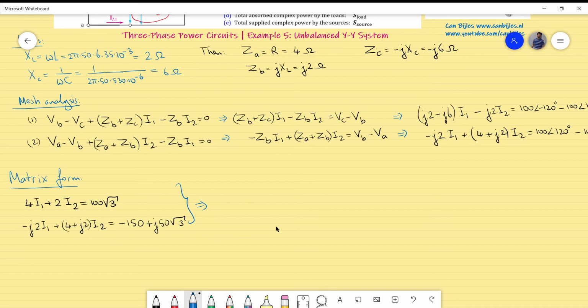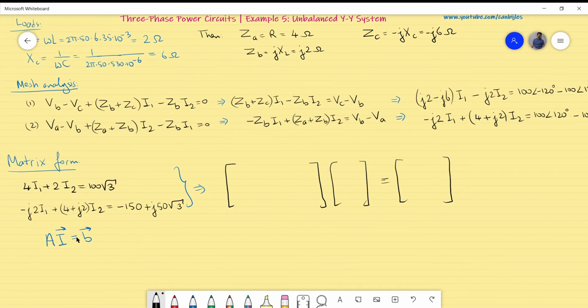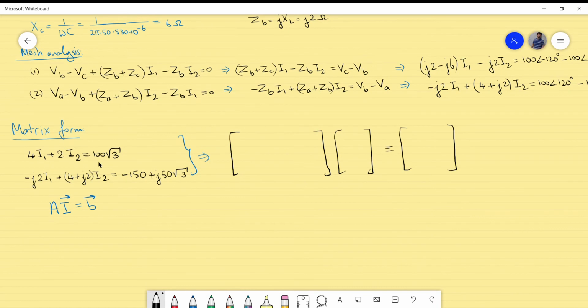I will have A, some matrix, times the current vector I, which is equal to the result vector B. So I will have to set up the matrix A, the current vector I, and the solution vector B. B is the values on the right side of the equation.